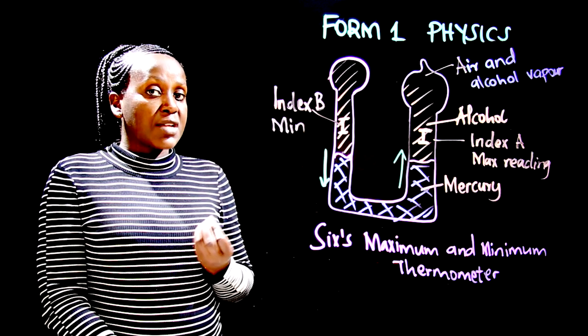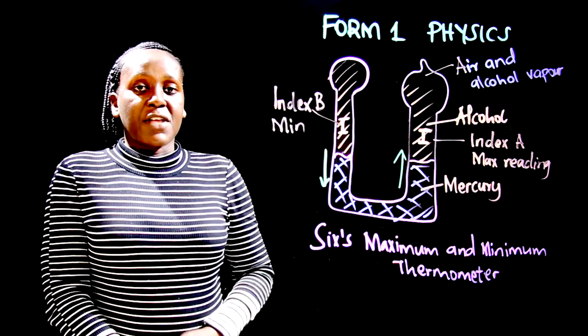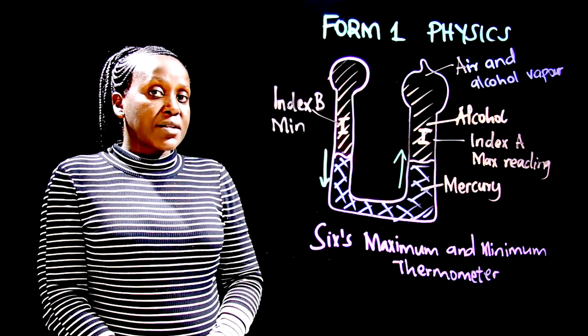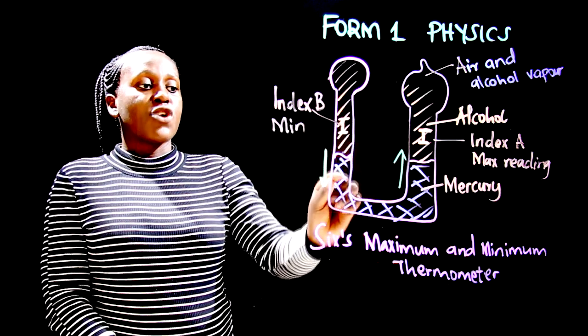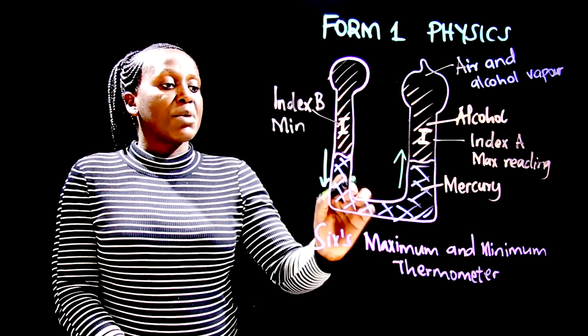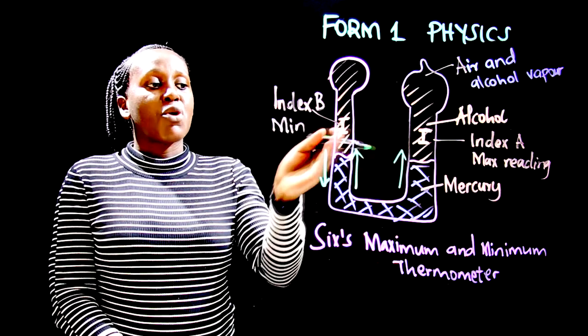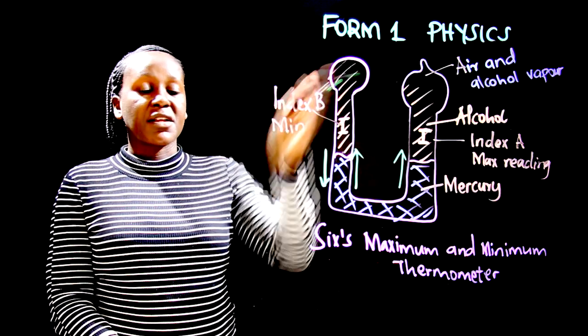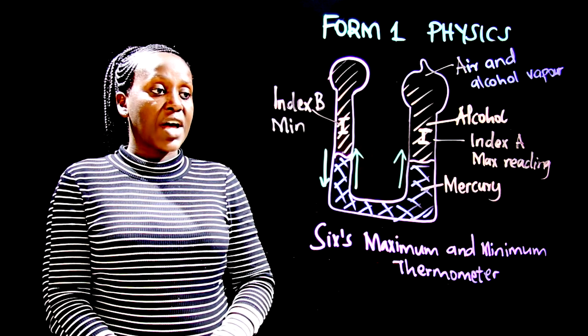Now when temperature begins to reduce, the alcohol on this side of the U-tube begins to contract. And when it contracts, it reduces in size. So the mercury on this side will begin to go up, because more space has been created by the reducing alcohol as it contracts.